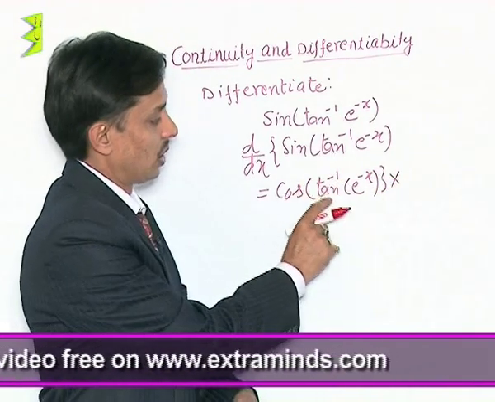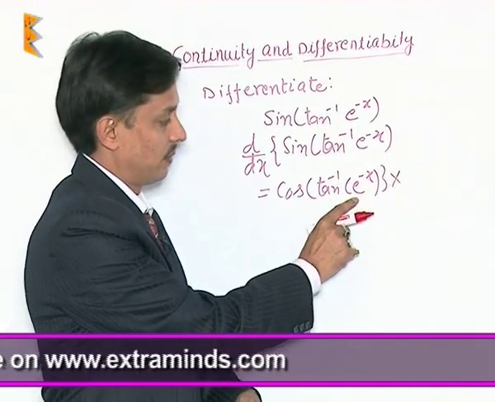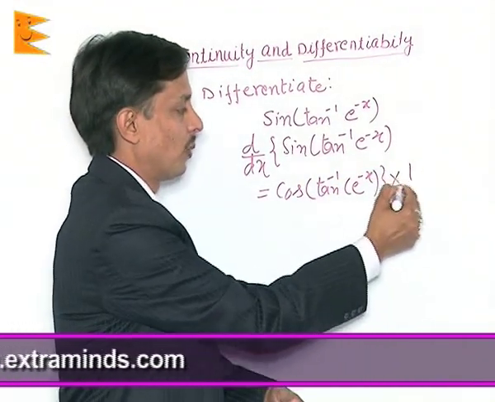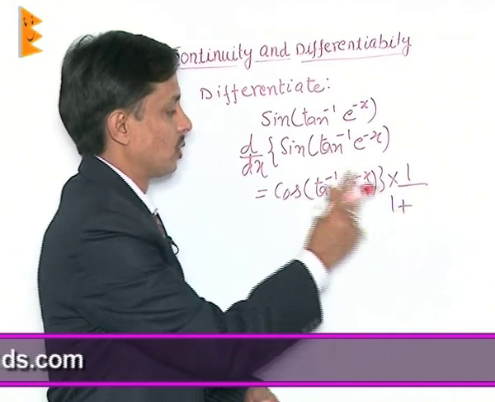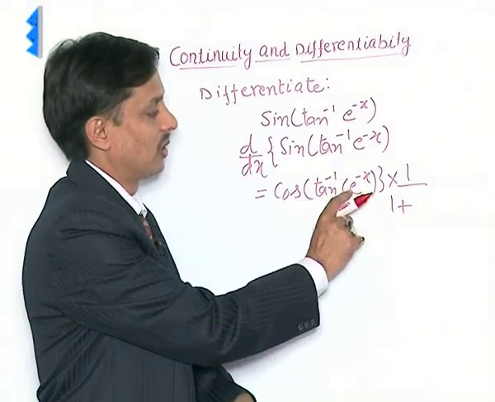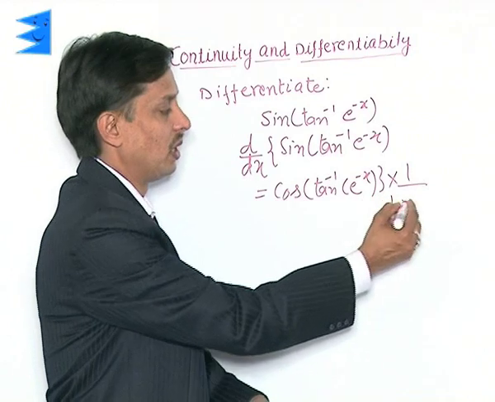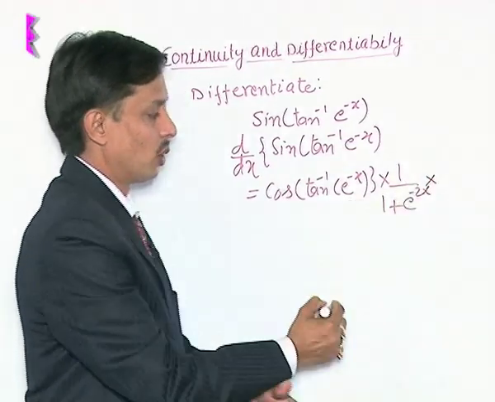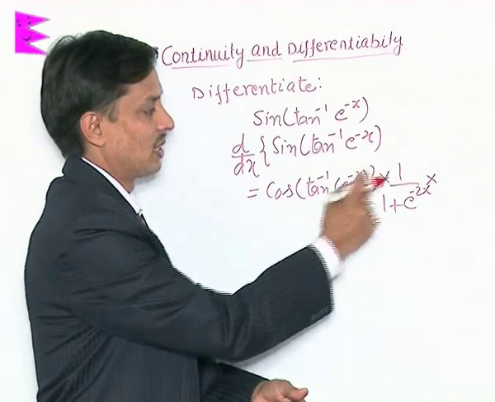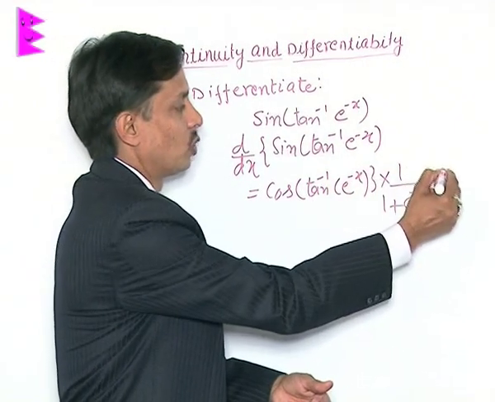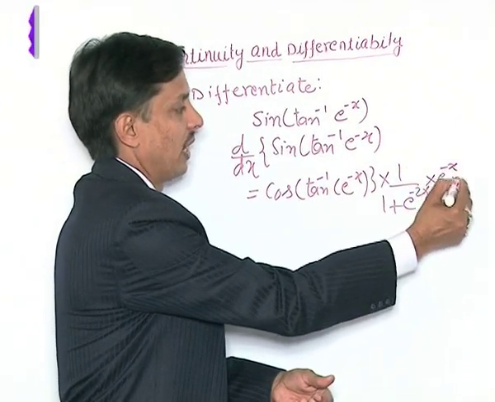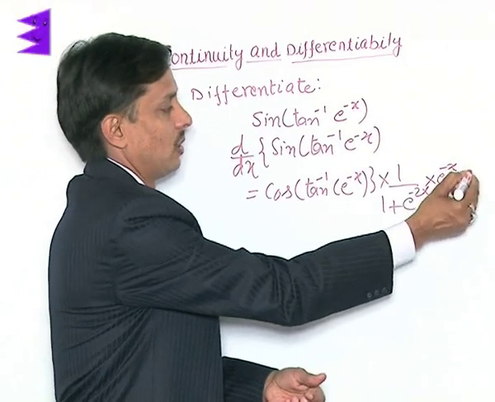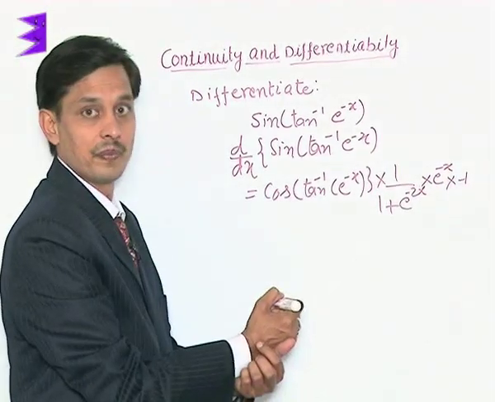Then tan inverse x differentiation is 1 upon 1 plus x square. So, differentiation of tan inverse of e to the power minus x will be 1 upon 1 plus e to the power minus 2x, into the derivative of e to the power minus x, which is e to the power minus x, and the derivative of minus x is minus 1.